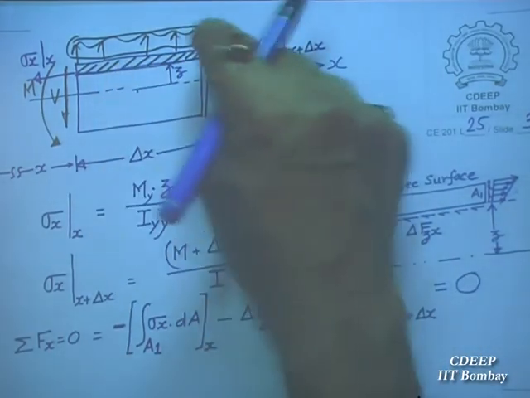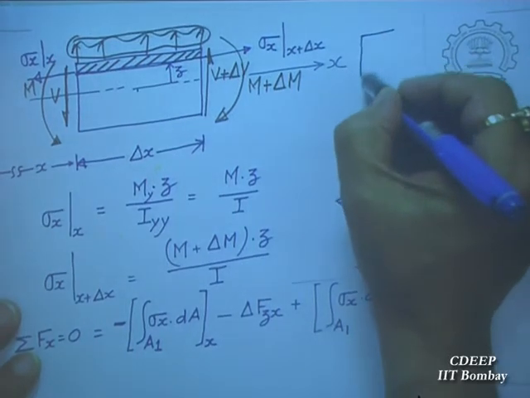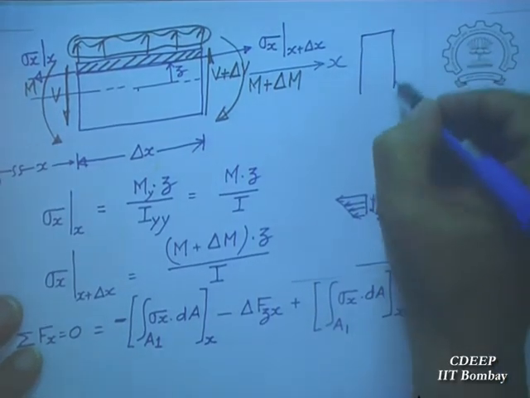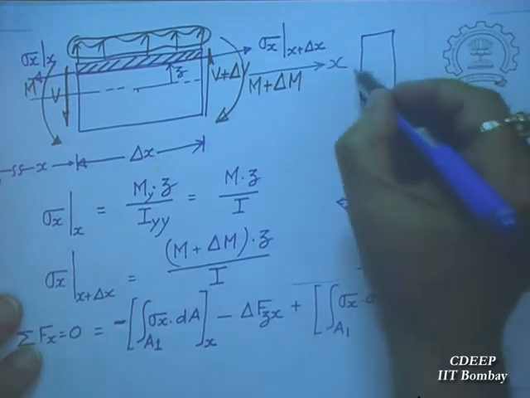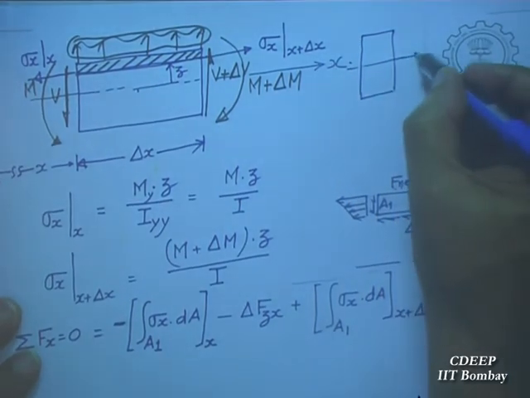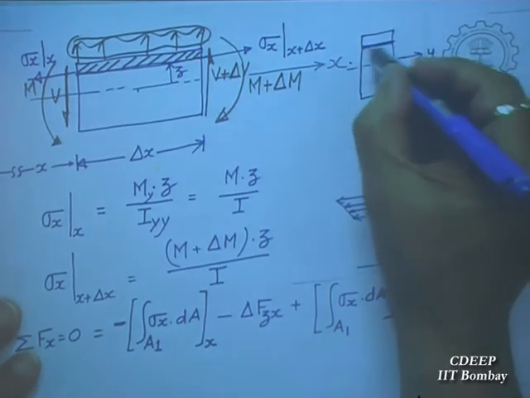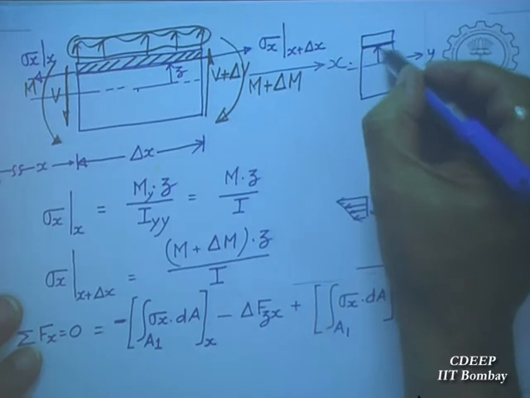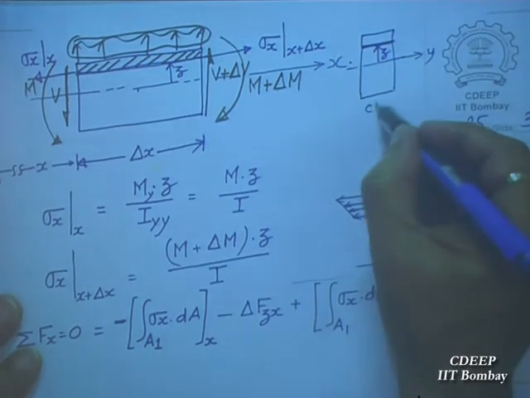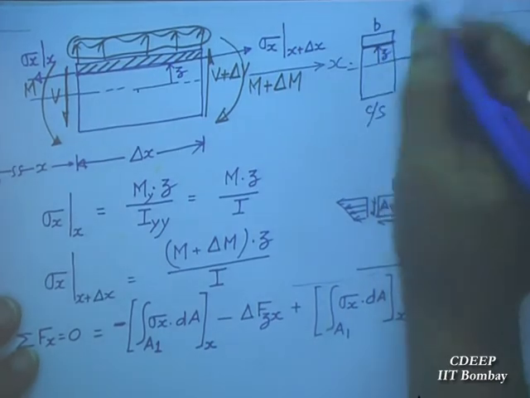This we have taken. See, this beam has a cross section also. Let us say it is a rectangular cross section. So this has got a cross section at a distance. This is y axis. So at a distance z here, this is the cross section. This is the cross section. So what is this? This is the B width.